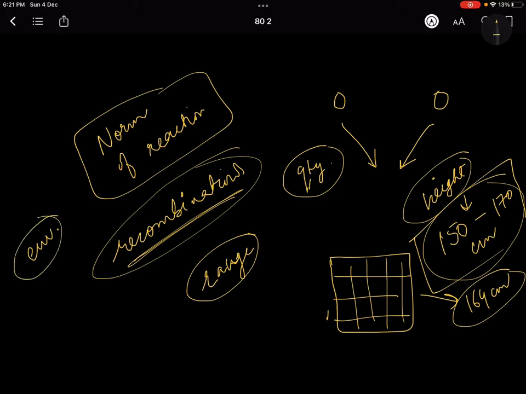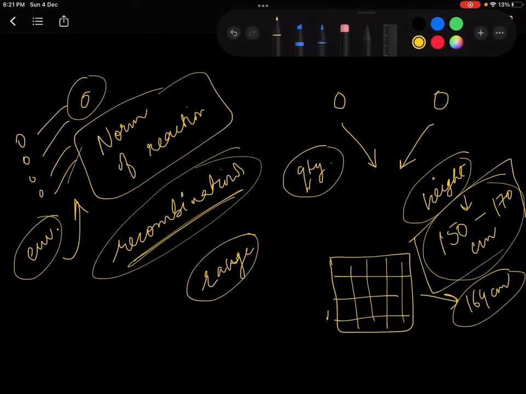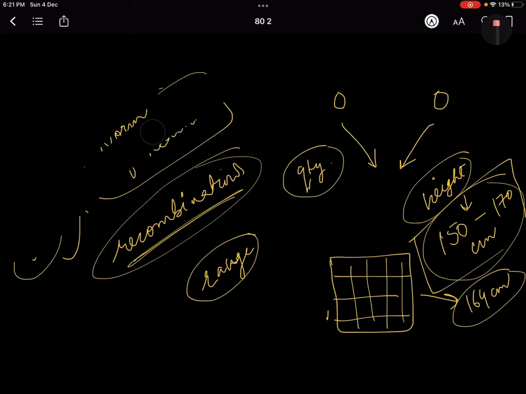Even though polygenic inheritance talks about quantitative inheritance, a lot of genes giving rise to one phenotypic trait in a human, the actual phenotypic trait is a lot dependent on the environment also. For example, the norm of reaction was 150 to 170, let us keep that same only, right?